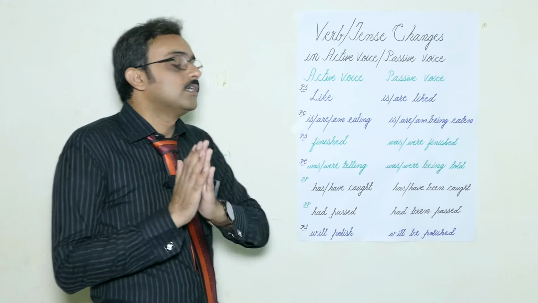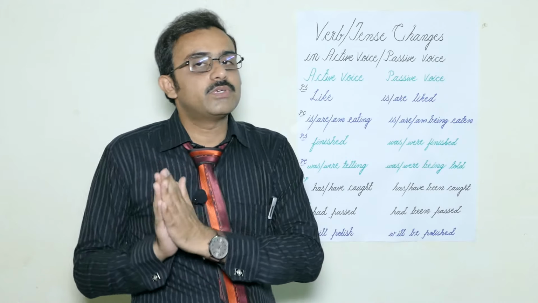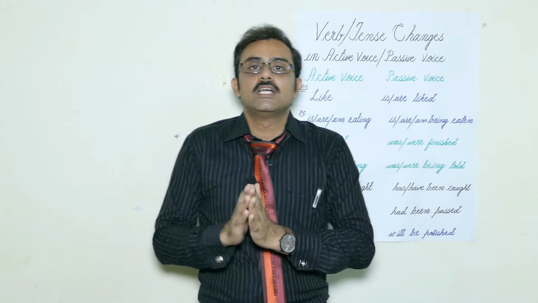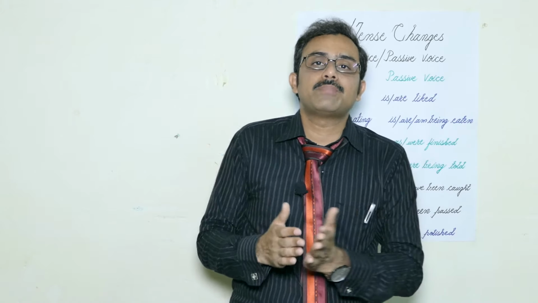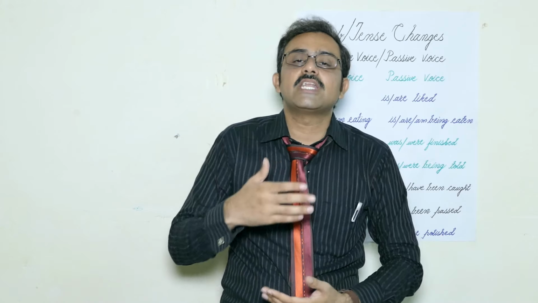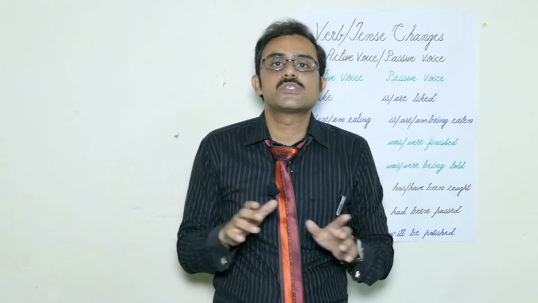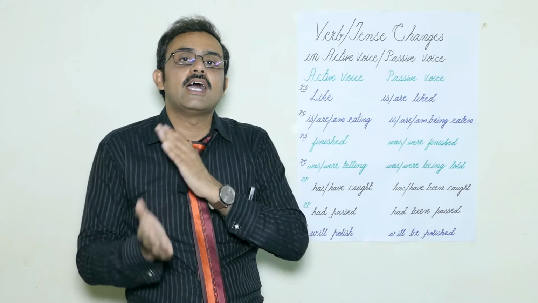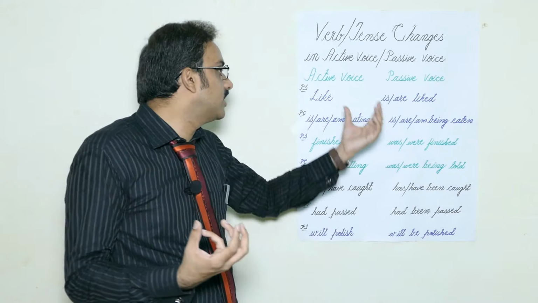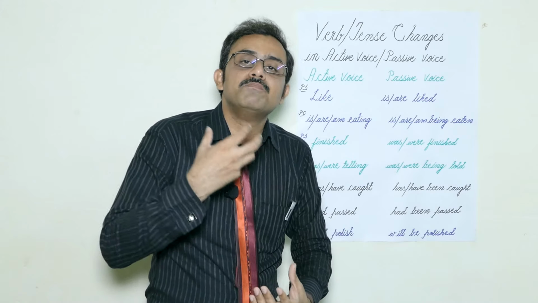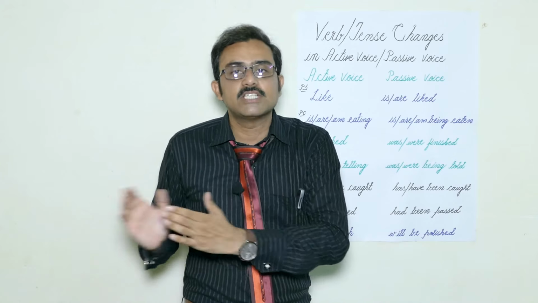Got that? Now let me remind you the lecture, recall the lecture. Firstly we discussed the explanation of active and passive, the prominence or significance of active and passive. Then we discussed the personal pronouns chart, which was very important. And then we discussed the verb or tense changes, means how do we change auxiliaries, how do we change main verbs while changing active voice sentences into passive voice sentences.